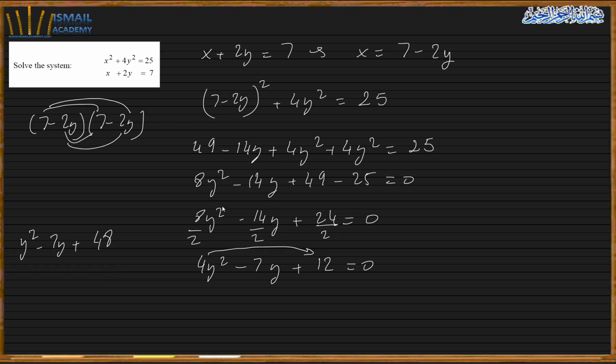I make a mistake here. Yeah. You see here, when I multiply here, I got 49 plus 14 plus 14 is 28, minus 28y plus 4y squared plus 4y squared. So you see, I made a mistake here.